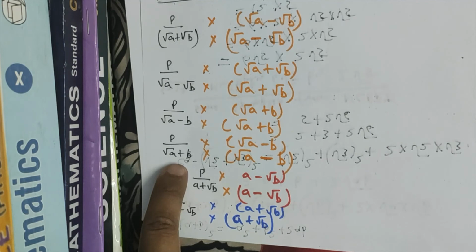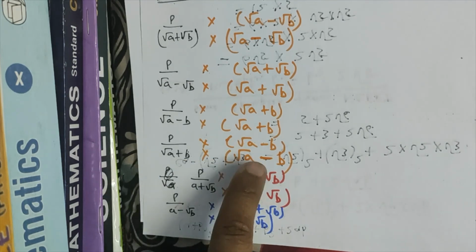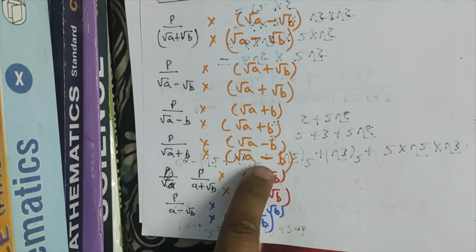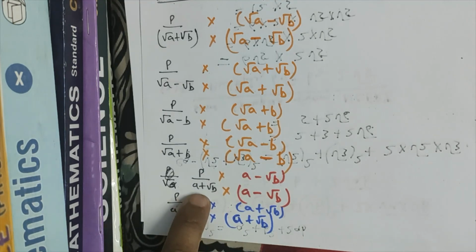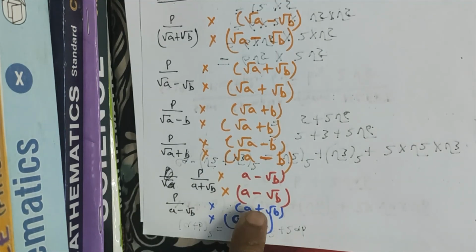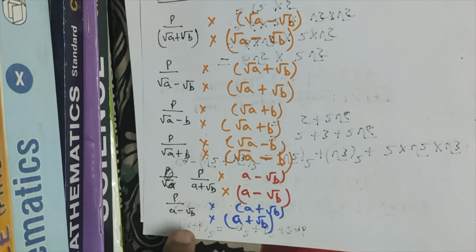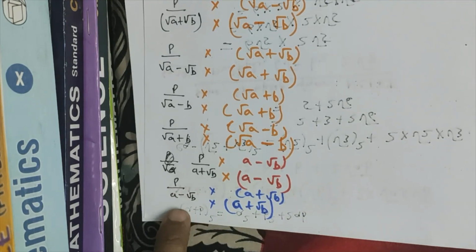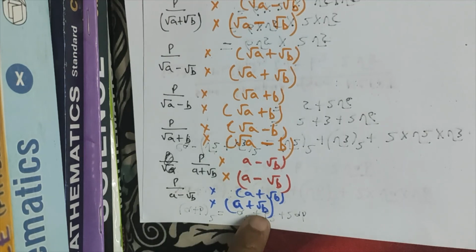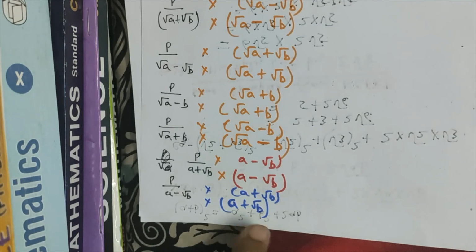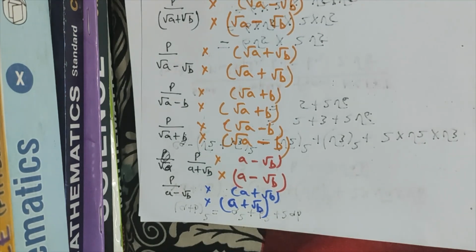If we are having root a plus b, then root a minus b will be multiplied in the numerator and denominator. If we are having a plus root b, then a minus root b will be multiplied. And if we are having a minus root b, you will be multiplying a plus root b in the numerator and denominator. So accordingly you will solve the questions on this concept.